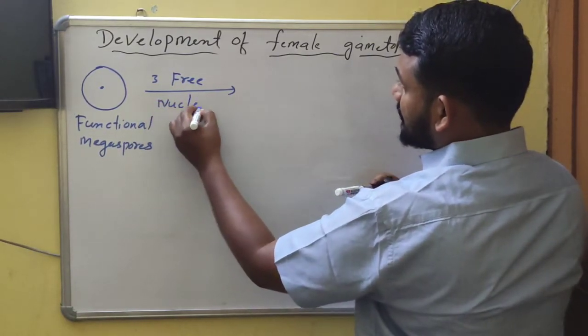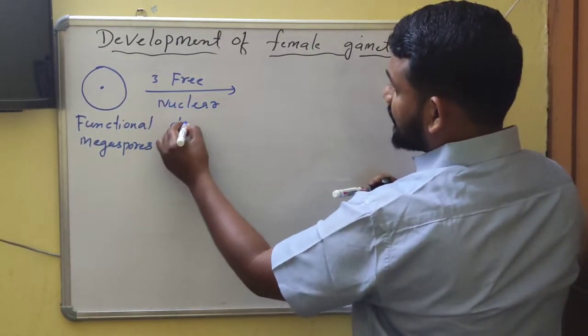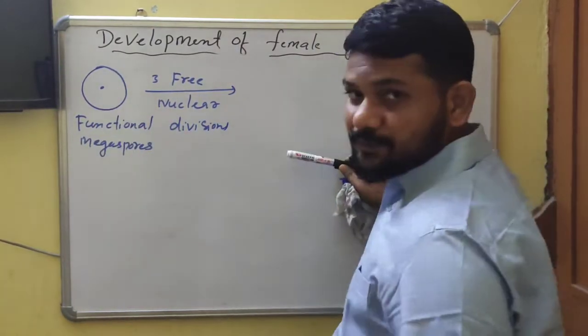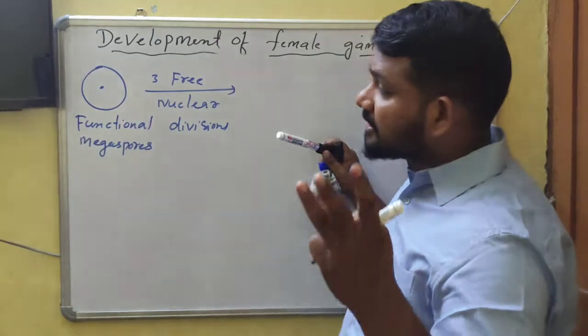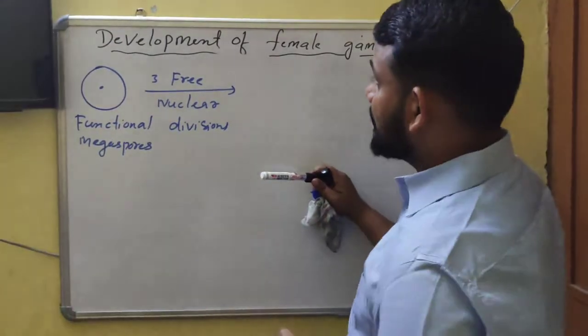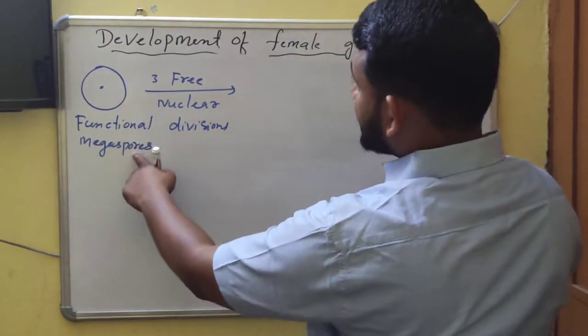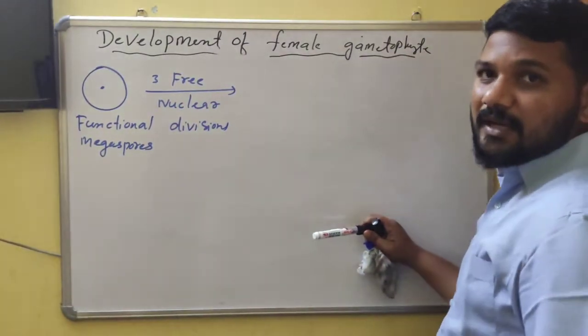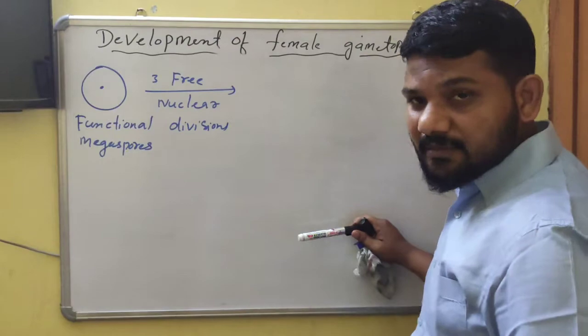Free nuclear mitotic divisions means only nucleus undergoes division, not the cell. Only the nucleus divides 3 times, then it produces female gametophyte. The functional megaspore undergoes 3 free nuclear mitotic divisions to form 8 nucleated megaspore.